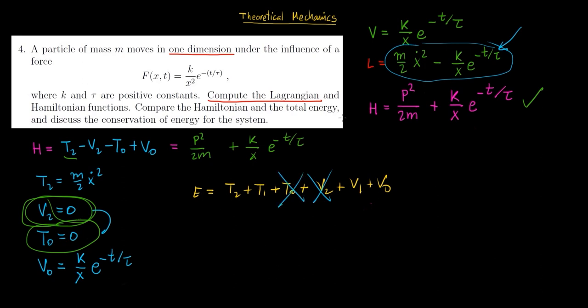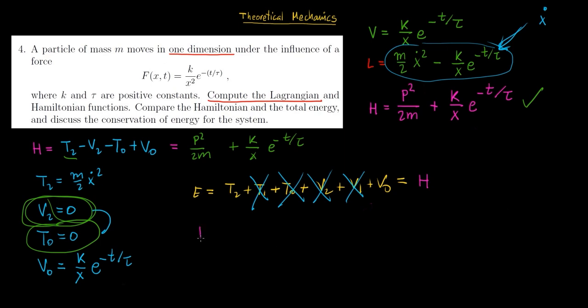T1 is 0, because there is no dependence on x dot in the kinetic energy, so this is 0. And B1 is the same, because the potential energy doesn't depend on velocities, so this is 0. So the energy must be T2 plus B0, and it coincides with the Hamiltonian. So it is equal to the Hamiltonian in this exercise.